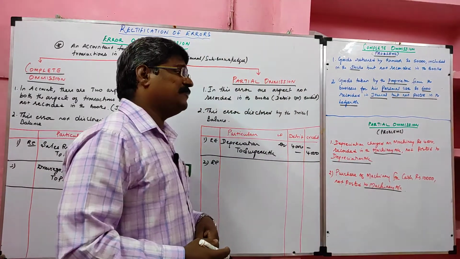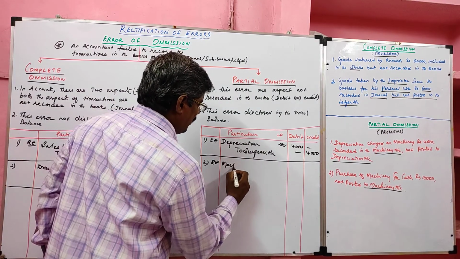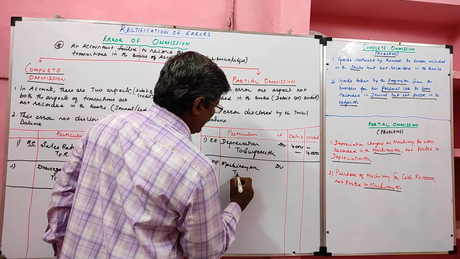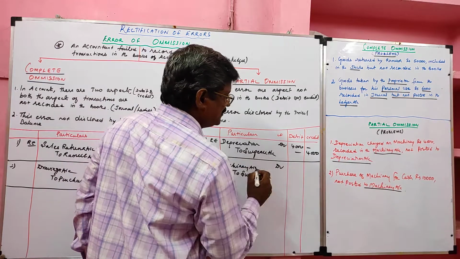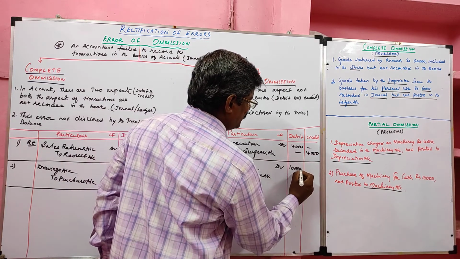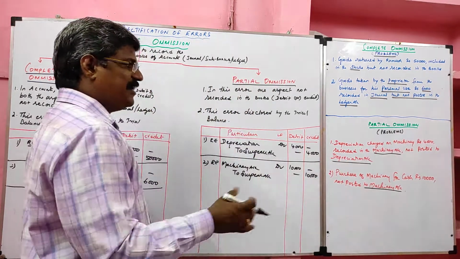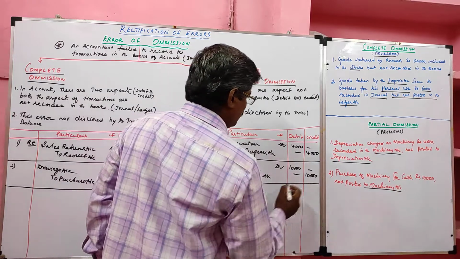Where we were supposed to post machinery? Debit side. So we have to post the machinery on the debit side. Machinery account debit. For the other side, we write suspense account, since it is a one side error. Assume these errors are located after preparation of the trial balance. The narration is: being error rectified.